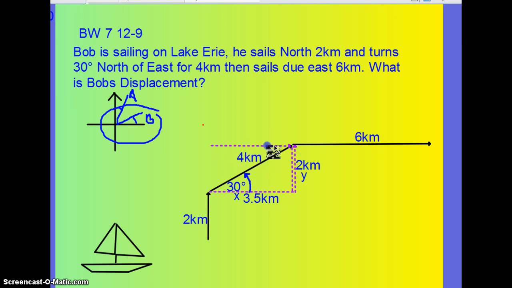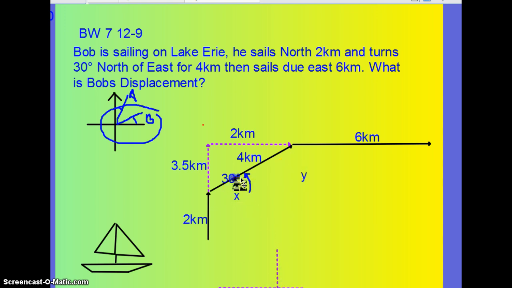So 3.5, I can put it here. 2, I can put it here. Given that, 3.5, 2, now it has 30 technically goes there at this point. Now all of a sudden, it starts to look like a great big triangle, even if we get rid of this one.